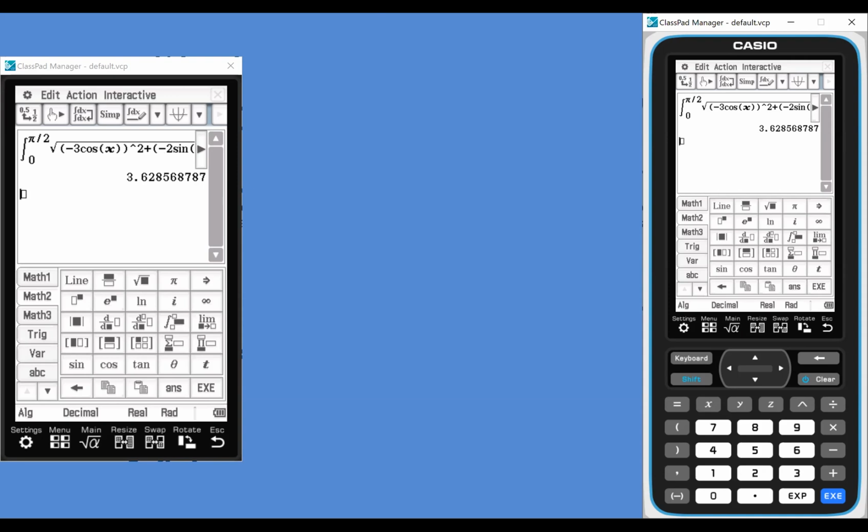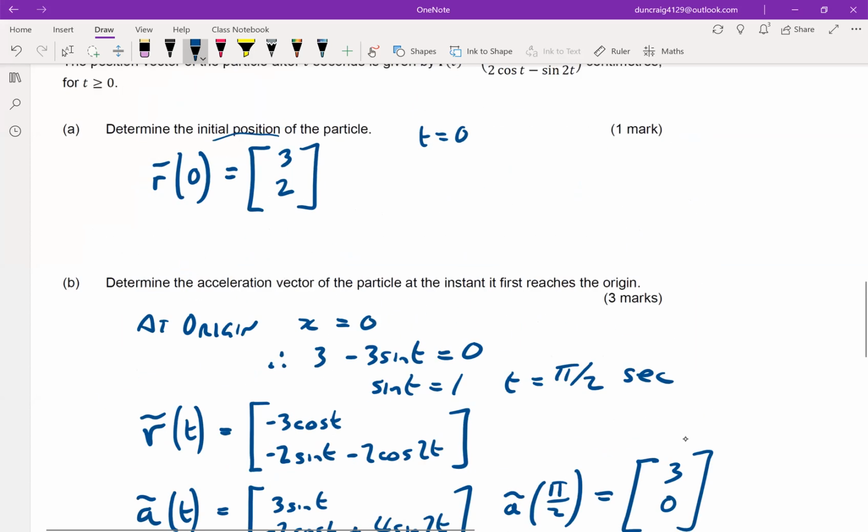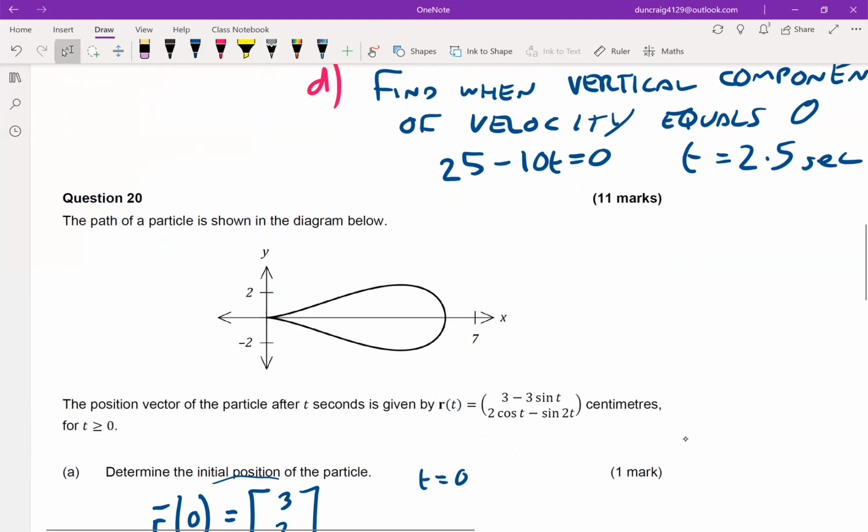Let's come back here. 3.63, does that sound about right? Let's have a guesstimate. We're saying it starts at 3, 2, which is about there. If we were to pretend that was a straight line where that was 3 and 2, that would be 9 plus 4, so root 13.